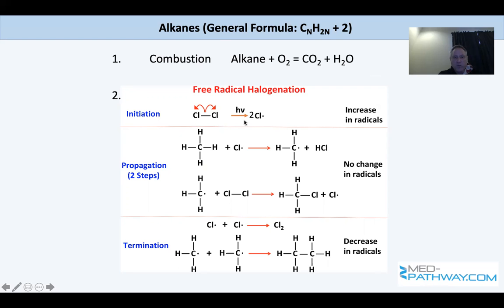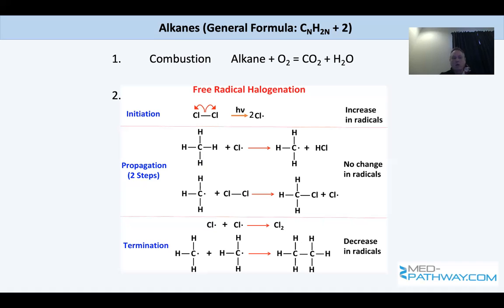But if you do this in the presence of an alkane, a simple one like methane, what can happen is that this chlorine radical can yank off not a proton, but actually a hydrogen atom here and generate this carbon radical. Okay, so this is propagation. And when you propagate, you have no change in the net number of free radicals, but we're changing the chemistry because now this carbon radical can attack the diatomic chlorine that hasn't been split yet and generate an actual alkyl halide or alkyl chloride product.